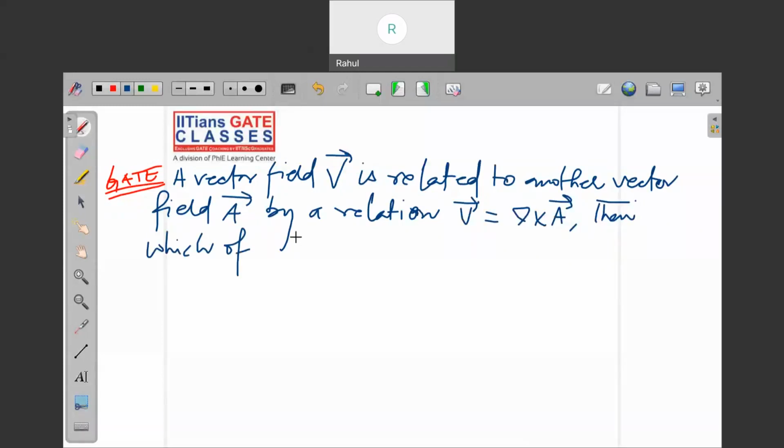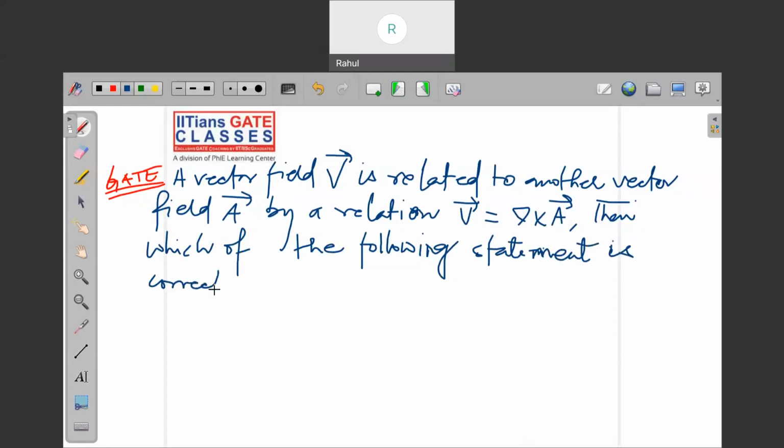Which of the following statements is correct? Whenever curl is there, it will be Stokes theorem.